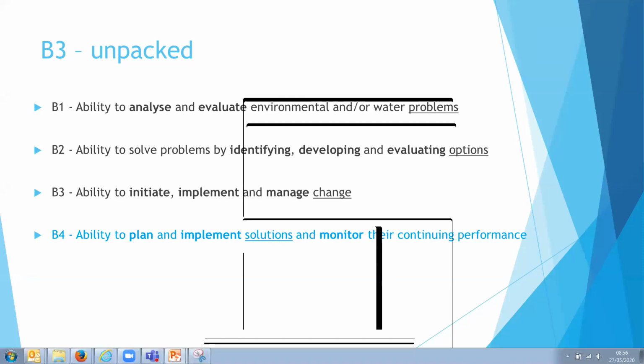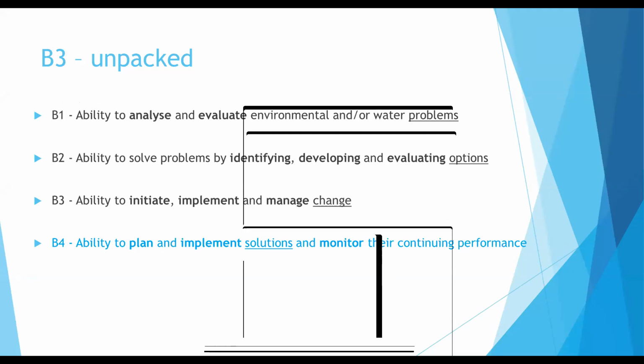Whereas what we're looking at for B4 is actually addressing that problem with a solution, planning how you would address that. So the introduction to the issue here could be very brief, basically half a sentence saying there was this issue and this is how I planned, implemented, and then monitored its resolution. If you look back at the key questions for B1 and the key questions for B4, that should really help you frame those up.